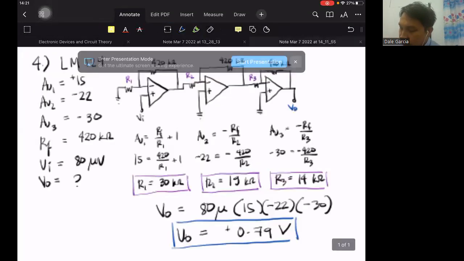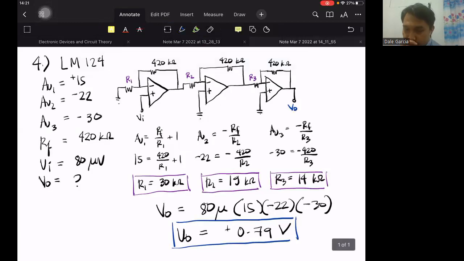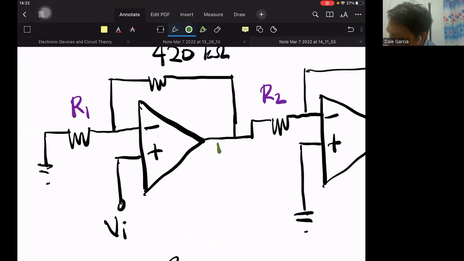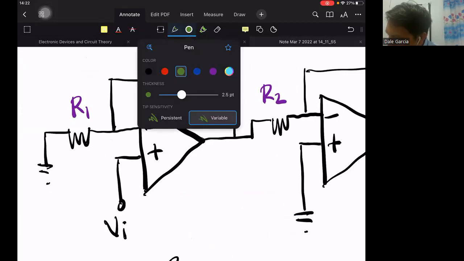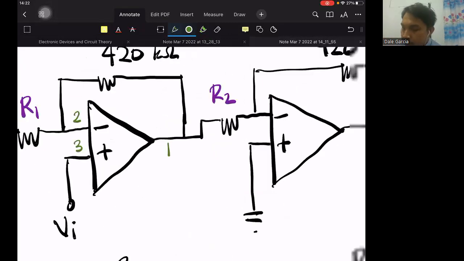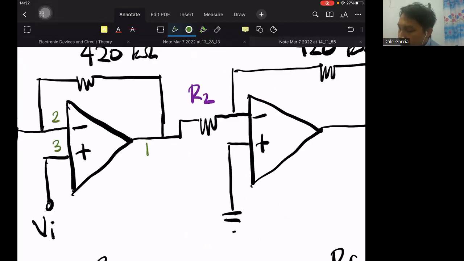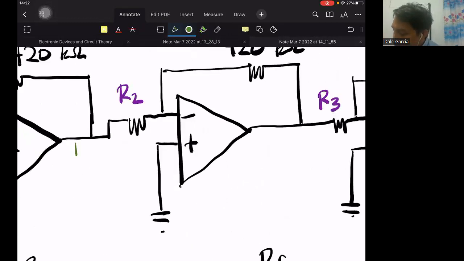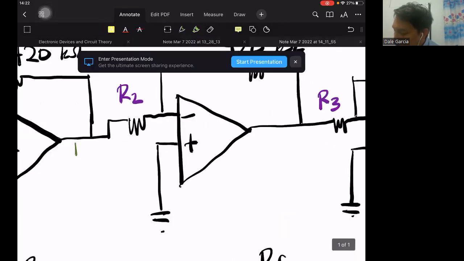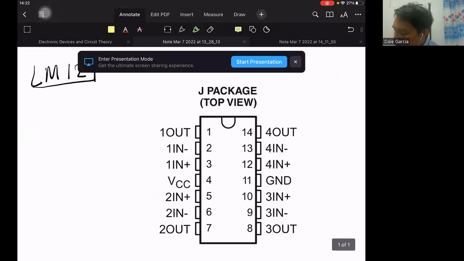So let's guess the pins. This would be pin 1, pin 2, and pin 3. Then five, six, 7. Pin 7 is the output, so 7, 6, 5.